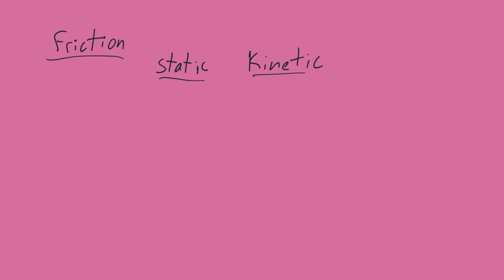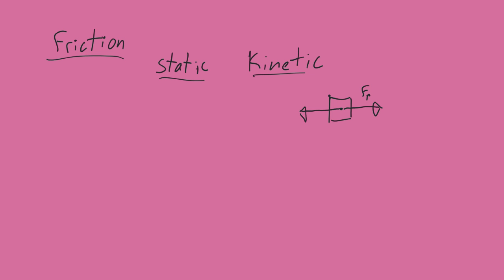So let's say that we start pushing on a box, and this box is on the ground, right? And we start applying some force to the right. So this will be the force of a push. Friction is going to be resisting that motion. We just talked about passive versus active forces, and friction is always going to be a passive force.